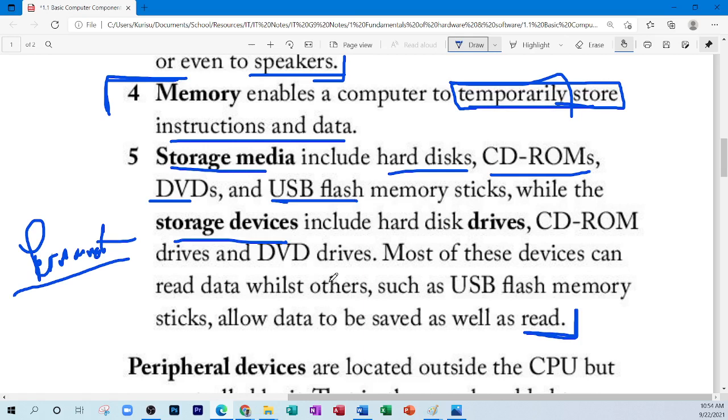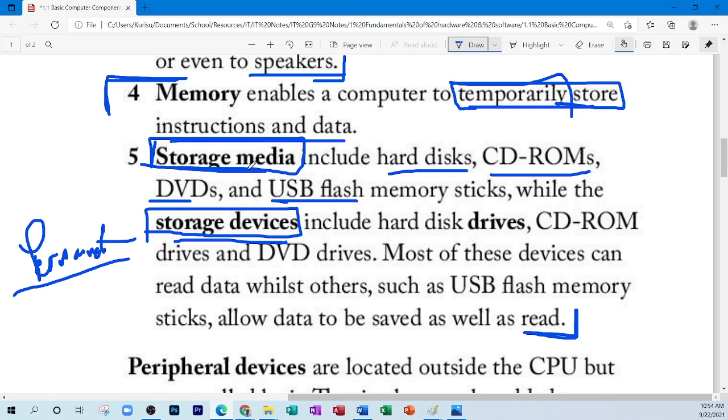Now, what I want you to take note of, something very important, is that there's a difference between storage media and a storage device. You have to know the difference between the two. A storage media is what stores the data.